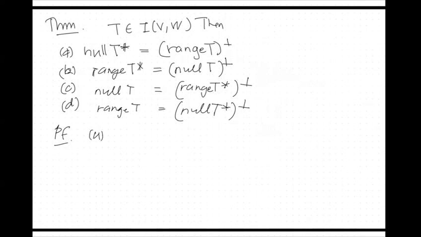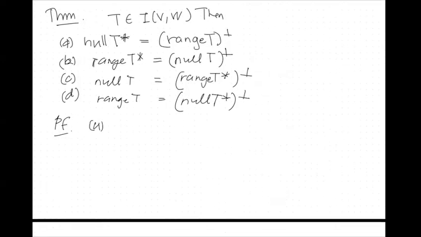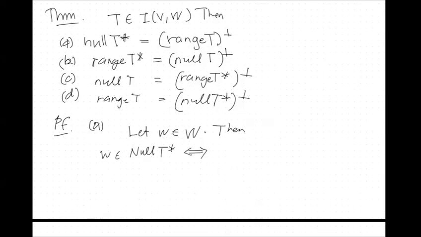So for A, how do we prove letter A? Let W be in W, then W is in the null of T star if and only if T star W is equal to 0.